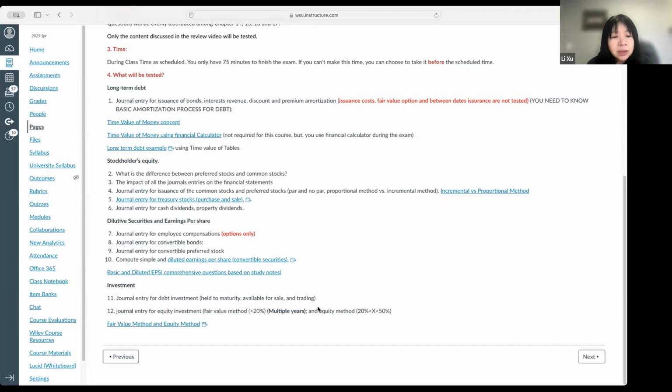Next one, the journal entries, the fair market value is going to be tested, and there will be one question about that. You will see I will intentionally test you on multiple years because I wanted you to understand the fair value adjustment, how the change goes to the journal entry, not the ending balance.